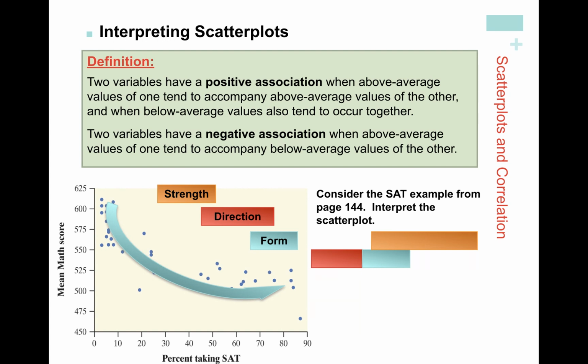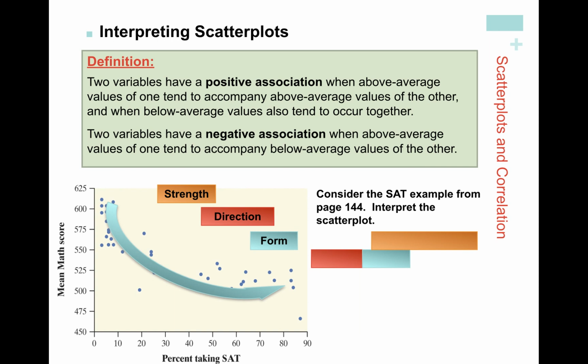So, looking at different schools, they looked at the percentage of students in that school that took the SAT, and they plotted that against the students' mean math score. And what do we see? What kind of relationship do we see? What about direction, form, strength, and outliers? Okay, what do we see?